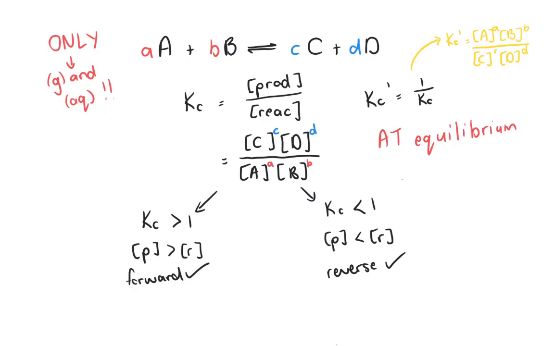So if I already have the concentrations of all my gases and aqueous solutions at equilibrium, it's a very simple calculation to do. But the problem now is that I won't always have the concentrations at equilibrium. I might have the starting grams or starting moles of my reaction.